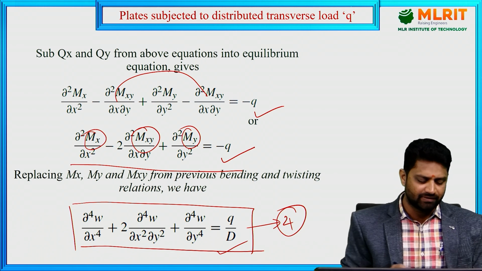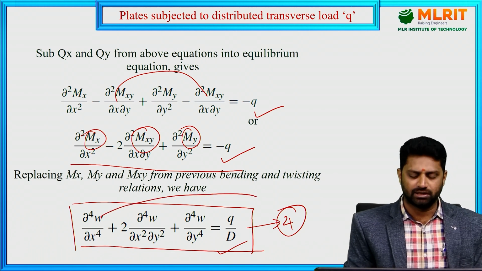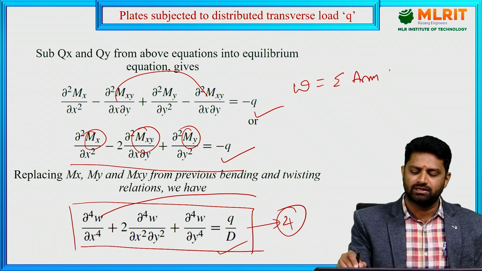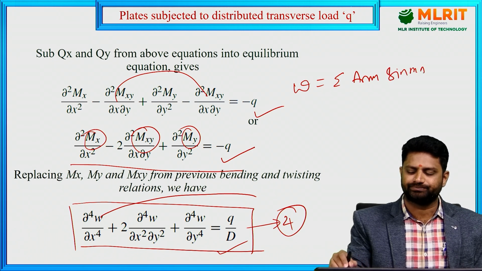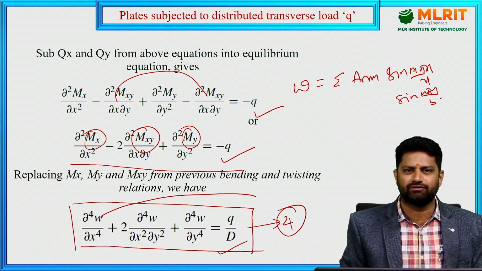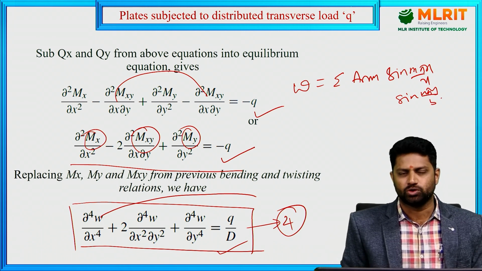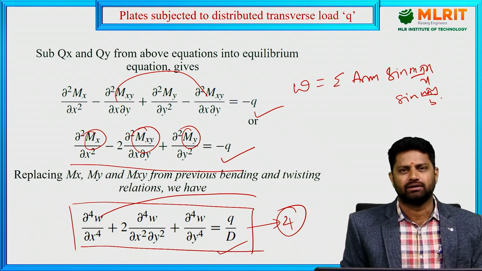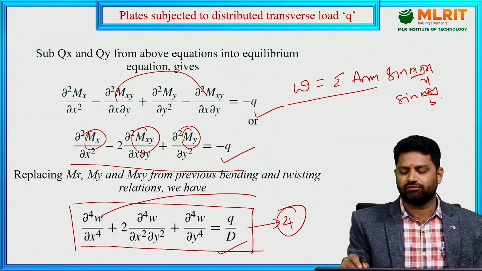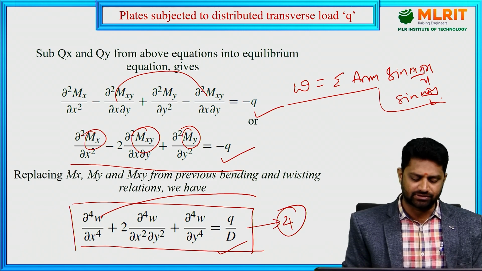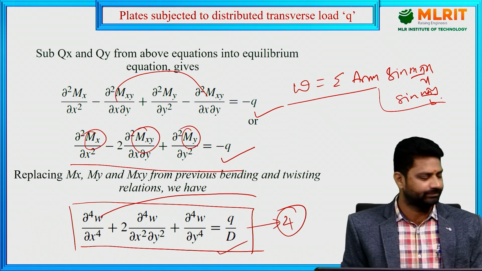He will give you the deflection shape, like W equals summation AMN sine M pi x by A sine N pi y by B, or any other form of the deflection equation. In that case, we have to substitute here and ensure that the given deflection equation satisfies this equation.